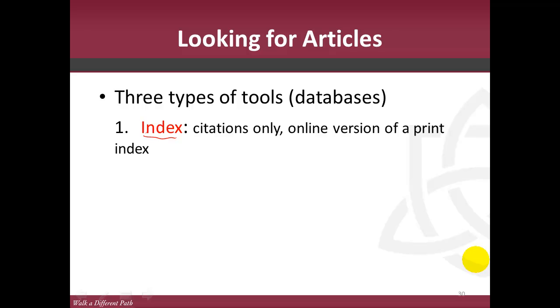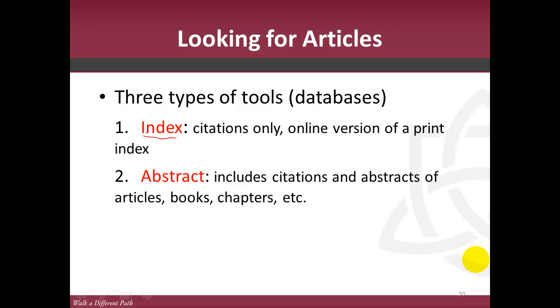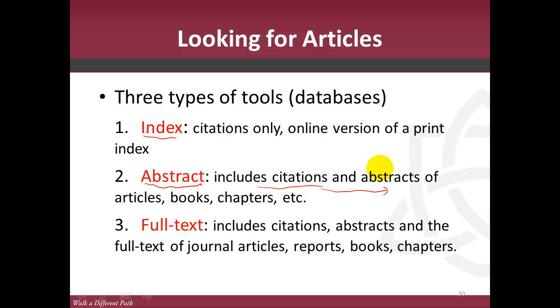So you'll go to a database and see an index of all the results that were found. At other times you'll see an abstract. The abstract includes citations or summaries from an article. And then you also have full text articles. The full text is going to give you the actual content of the journal or the article.